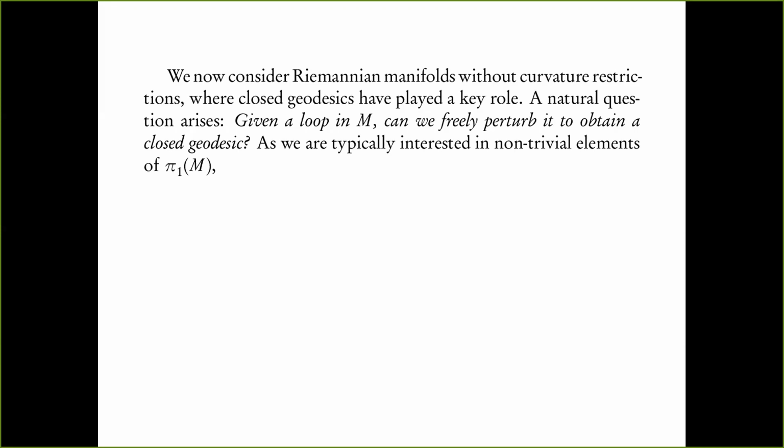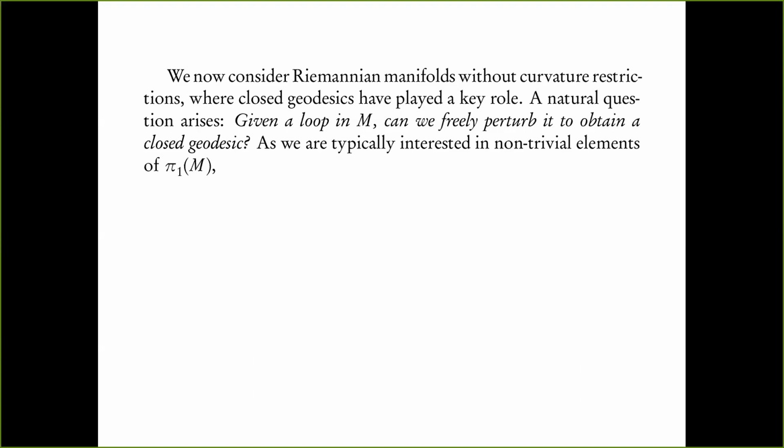Typically we're interested in non-trivial elements of pi1, because the trivial element corresponds to the equivalence class of the constant loop, but the constant loop is also a geodesic, a constant geodesic. So we are interested in geodesics which cannot be shrunk to a point.